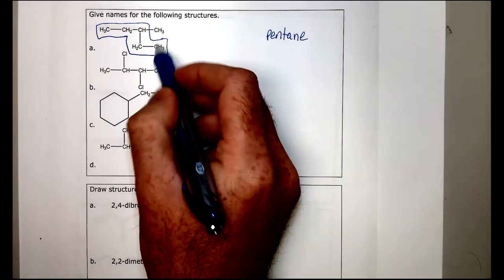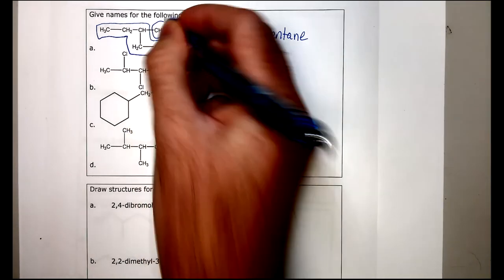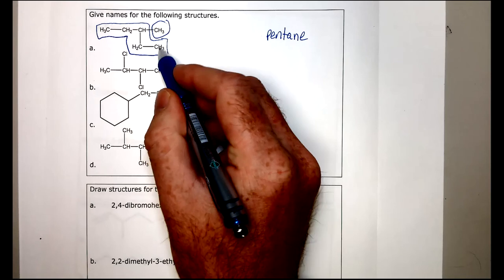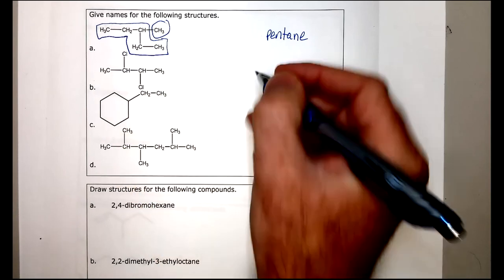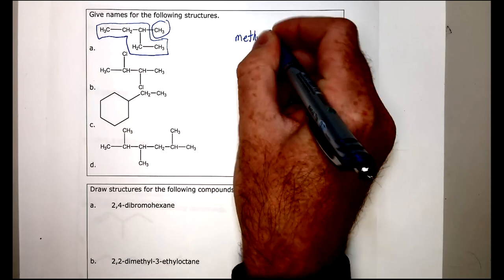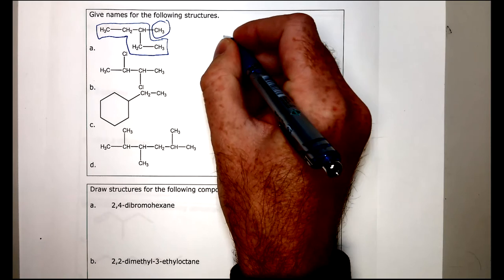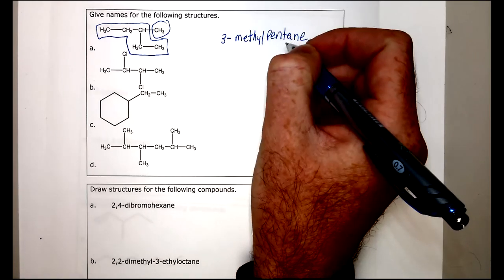Now, there's a methyl group attached. Now, there's our friend methyl. What's the position? 1, 2, 3, 1, 2, 3. So it doesn't really matter. It's 3 from either side. So we're going to have a methyl group, and it's on position 3, so we're going to call that a 3-methylpentane.